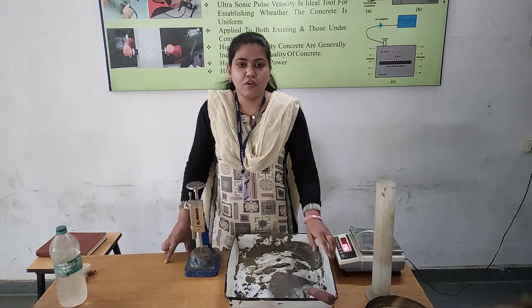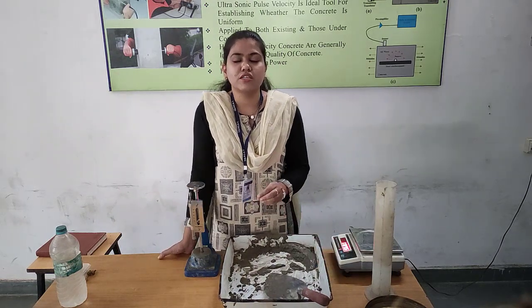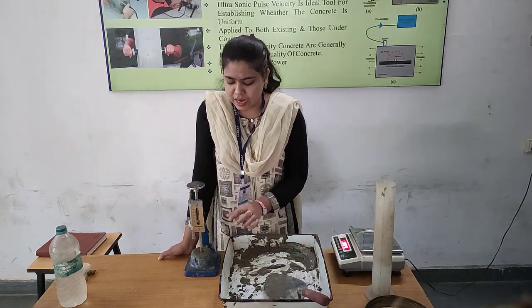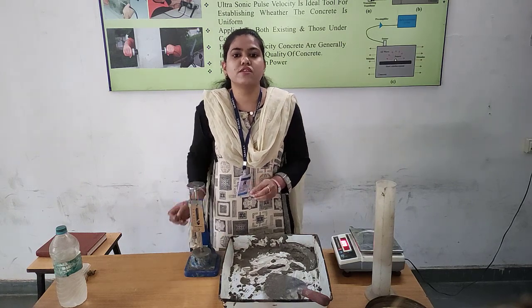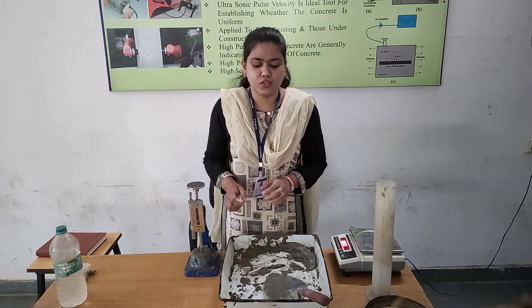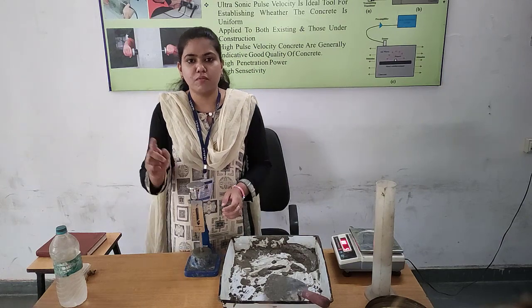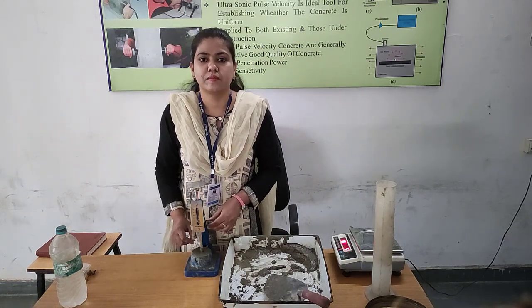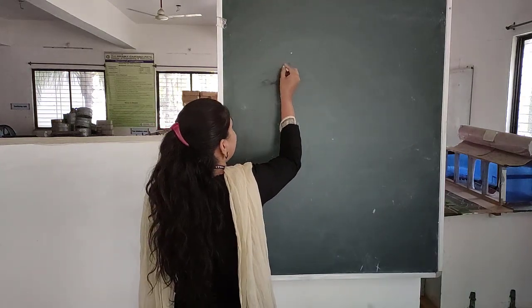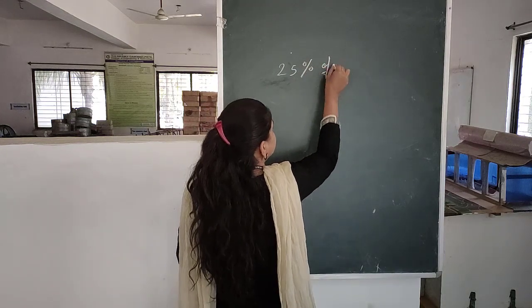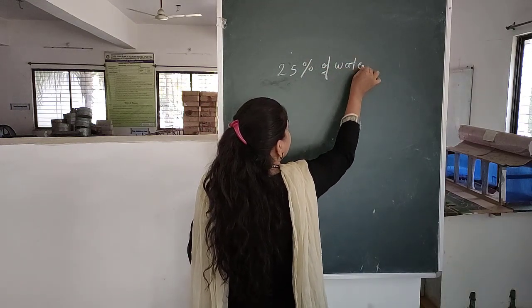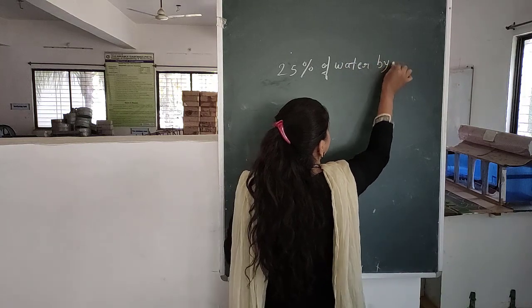The amount of water we use for making the paste so that the pointer value is between 5 to 7 mm is called the standard consistency. Basically, there is a formula. Here, I added 25% of water by weight of cement.